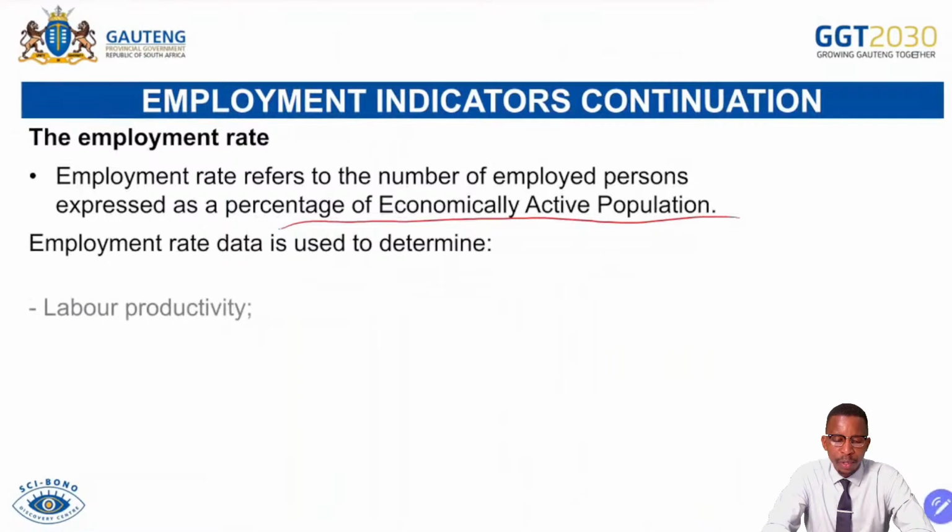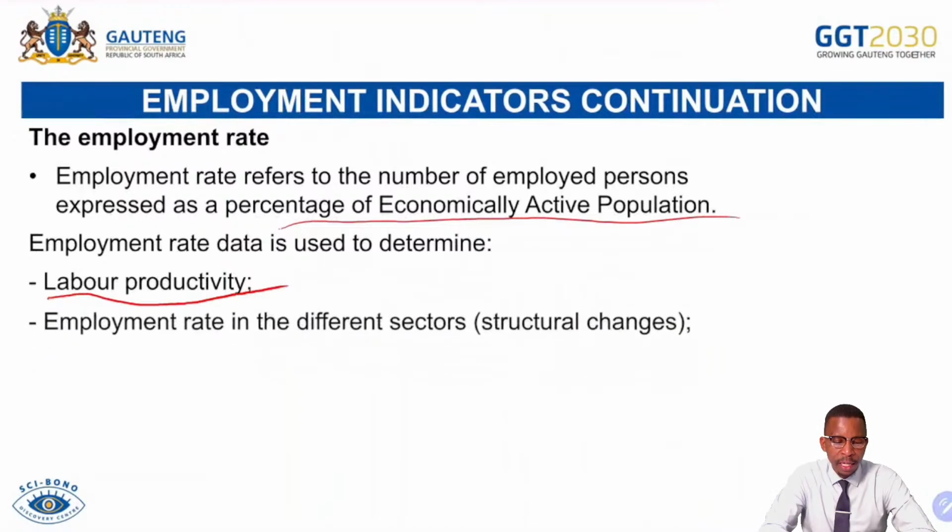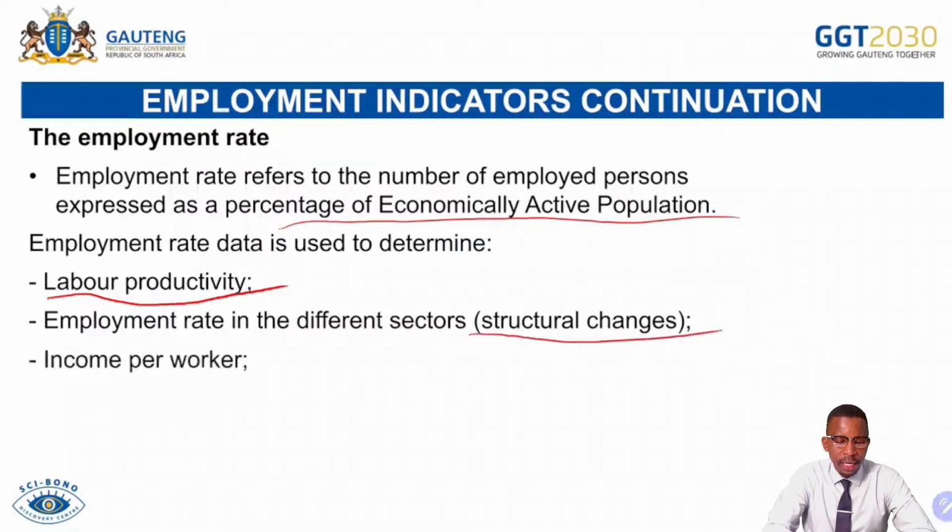So what is the importance of this data? Labor productivity. We are able to discover how much the labor productivity of the country could be by looking at the employment rate. And then also the difference in employment rate in different sectors, which is the structural changes. And then also income per worker, we have to check how much is earned per worker or per individual or per employee.